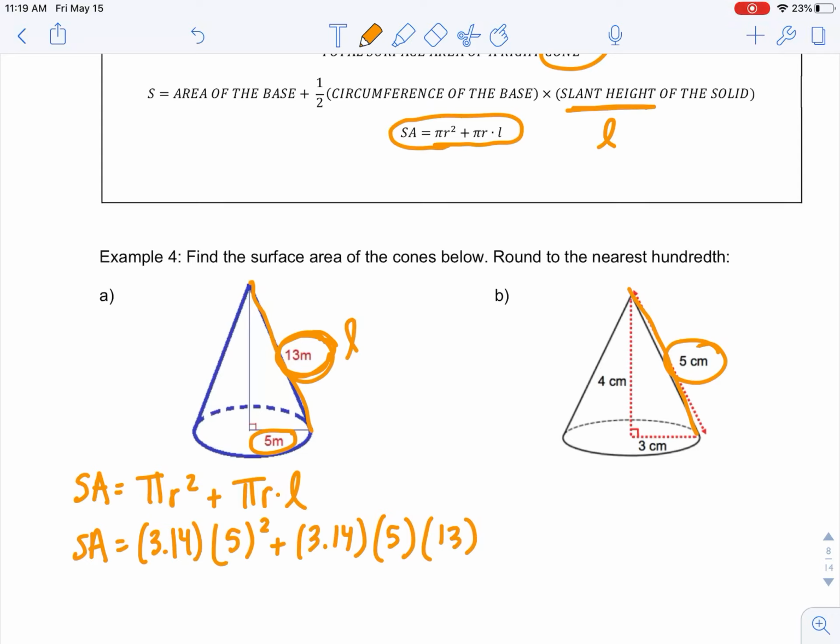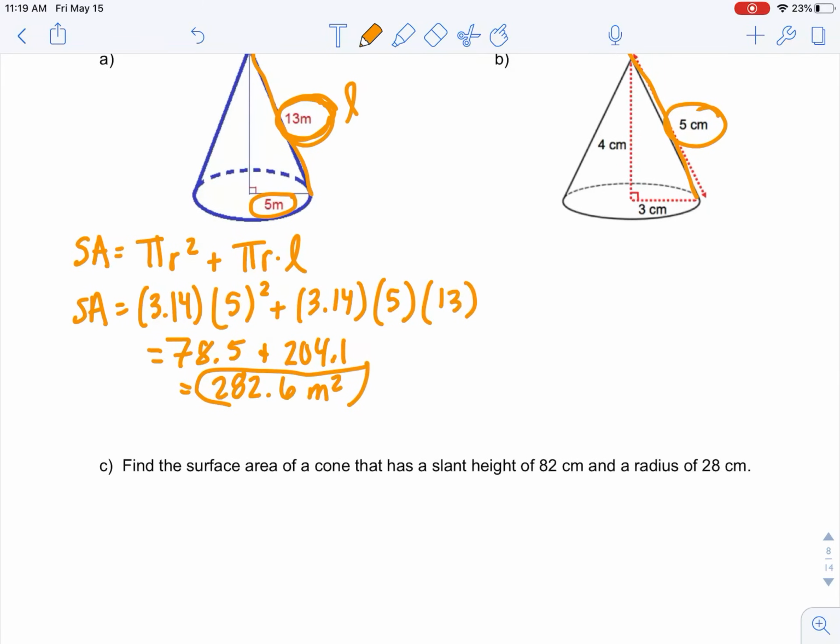And then I type it all in my calculator. 282.6 meters squared. And then B is the same thing, and C is the same thing.